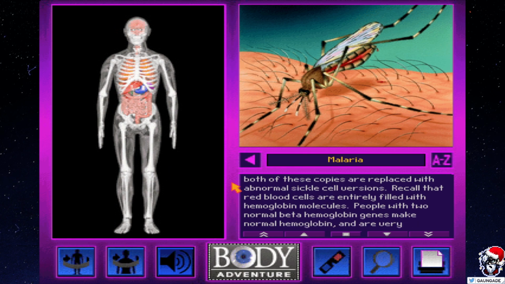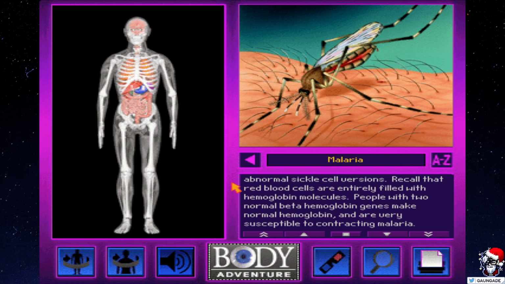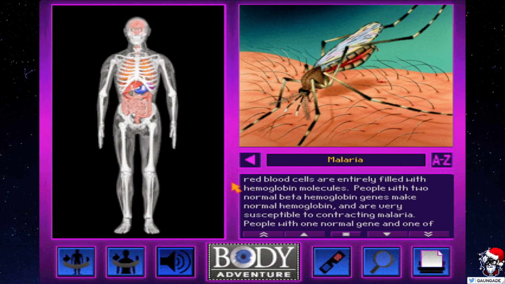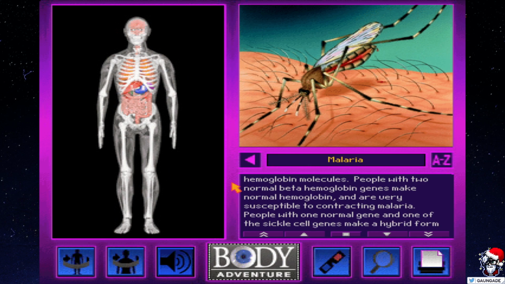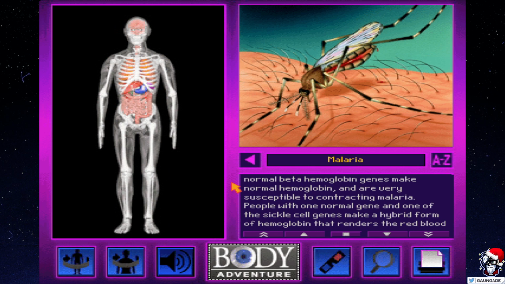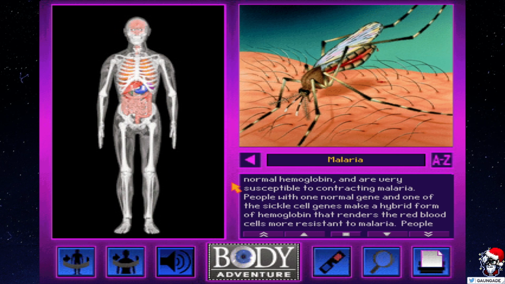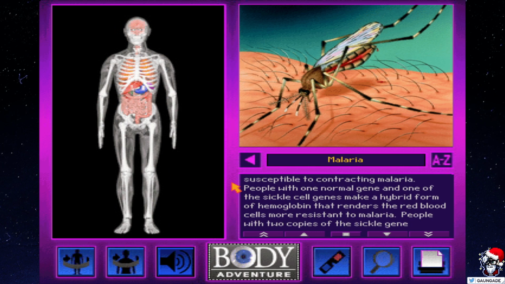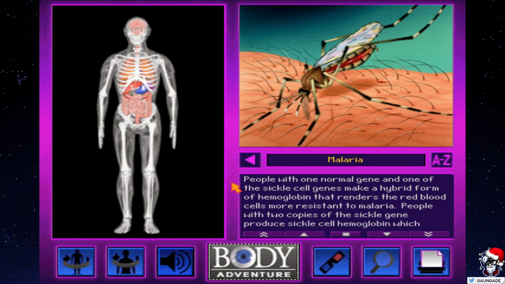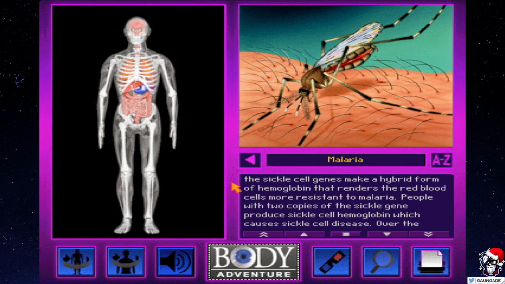Recall that red blood cells are entirely filled with hemoglobin molecules. People with 2 normal beta hemoglobin genes make normal hemoglobin and are very susceptible to contracting malaria. People with 1 normal gene and 1 of the sickle cell genes make a hybrid form of hemoglobin that renders the red blood cells more resistant to malaria.